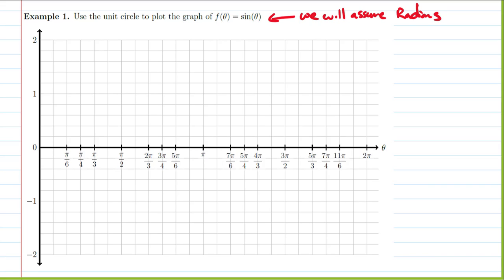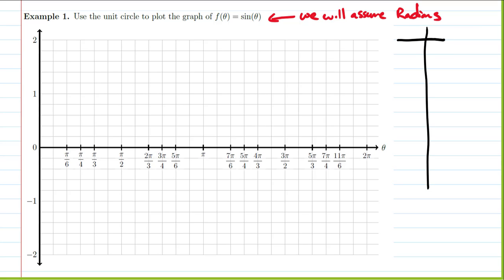And as we talked about last week, we know that there are 2 pi radians, or about 6.2 radians, in one trip around the unit circle. So we want to use these values to help us plot the sine function.